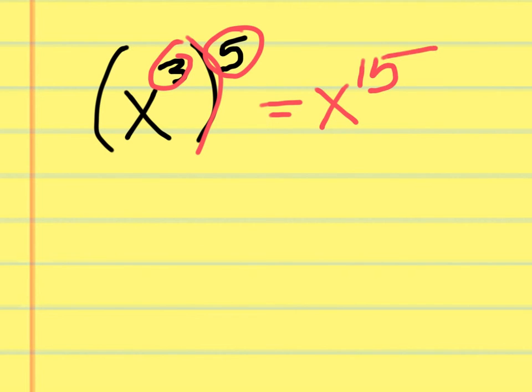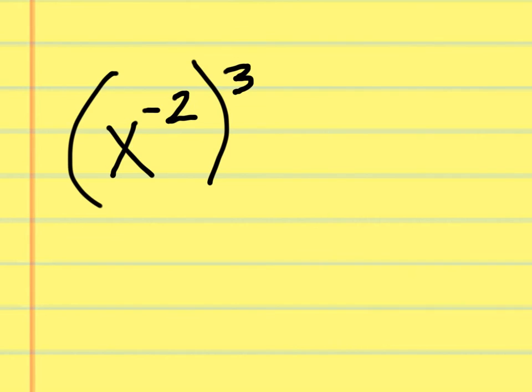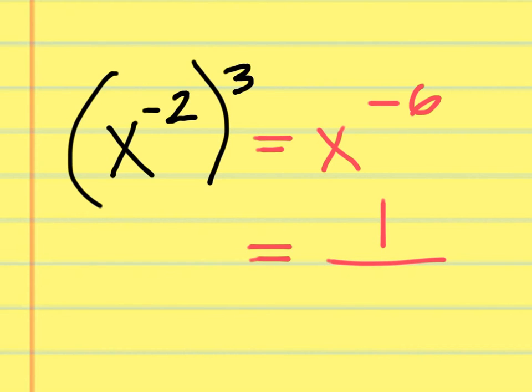So you should get x to the 15. Simplify this one completely. That's going to be x to the negative 6th, but since it's a negative exponent, you have to move it to the bottom, change it to positive, so 1 over x to the 6th.